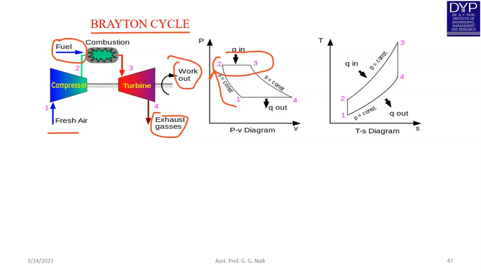Then the expansion takes place, isentropic expansion in the turbine, 3 to 4, and the gases which are coming out of this turbine, that is 4 to 1, heat is rejected to the surrounding. And this is the TS diagram, temperature entropy diagram. So here 1 to 2 is the isentropic process, and 3 to 4 is isentropic process. Entropy remains constant during these two processes.